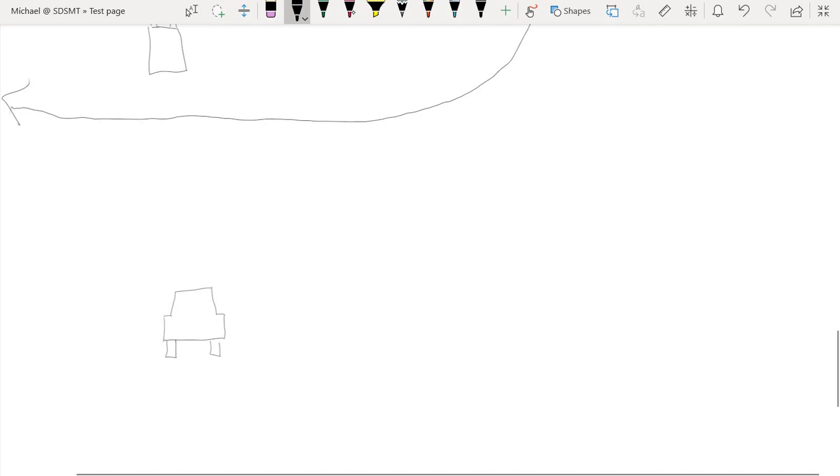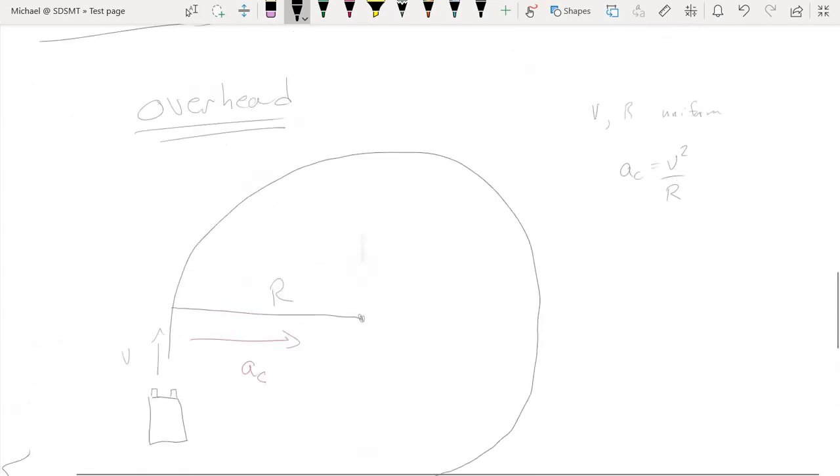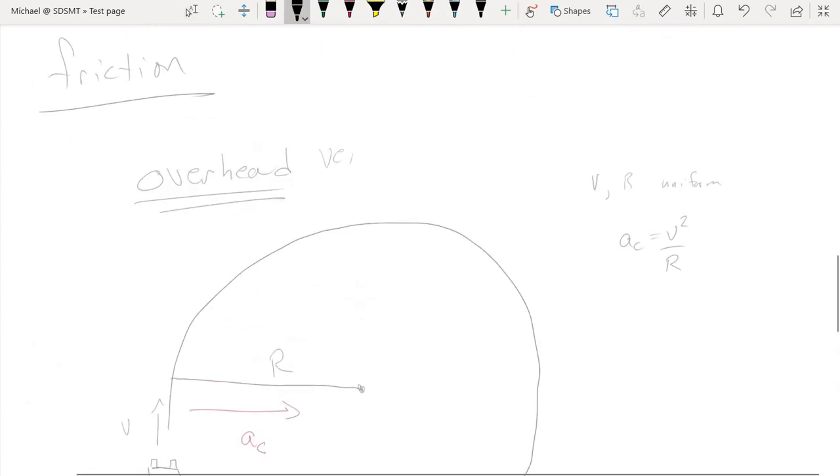So imagine the car is driving into the page. And then we've got the radius of our exit here. And we have to have some kind of centripetal acceleration. So this is our side view. This is our overhead view.